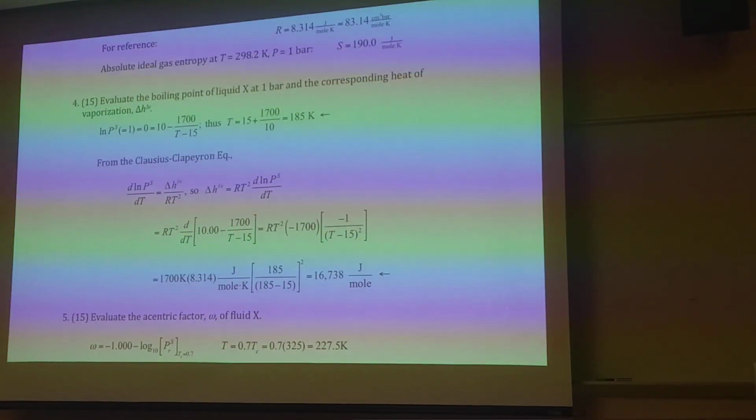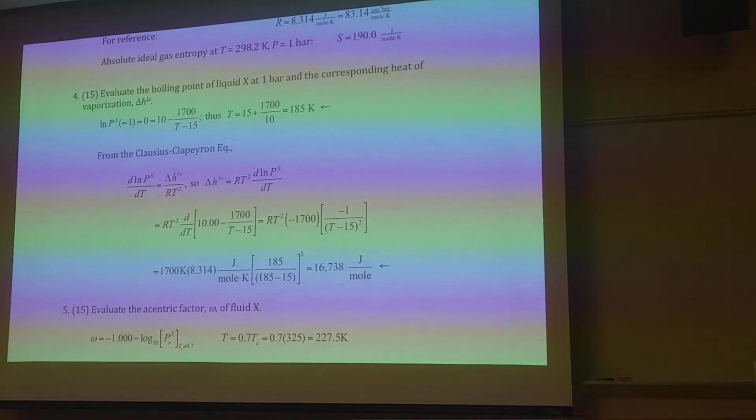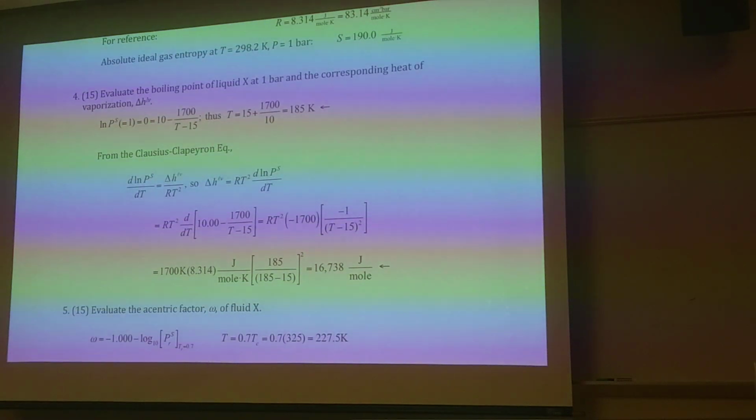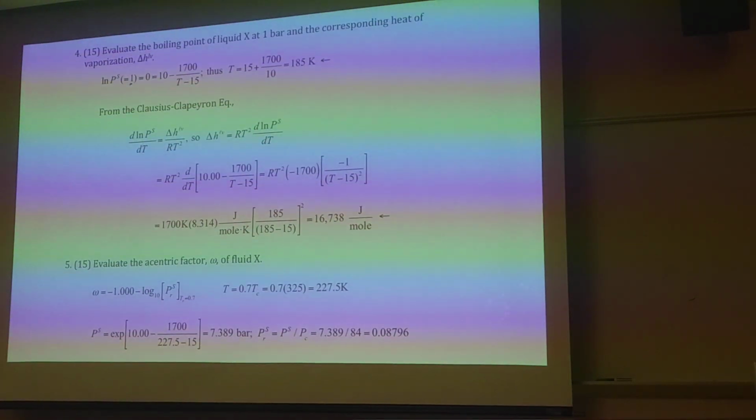You're asked, first of all, to evaluate the boiling point of liquid X at 1 bar and the corresponding heat of vaporization. Well, we have Antoine's equation, so I can just invert that to solve by setting the pressure equal to 1 bar and get a temperature here of 185 K. To get the heat of vaporization, I start with the Clausius-Clapeyron equation.